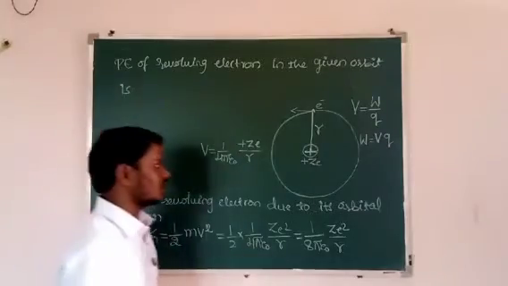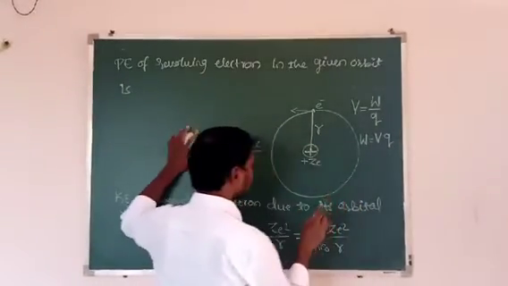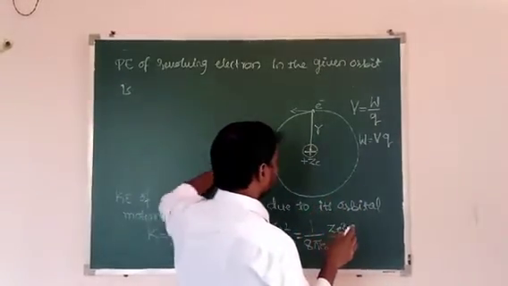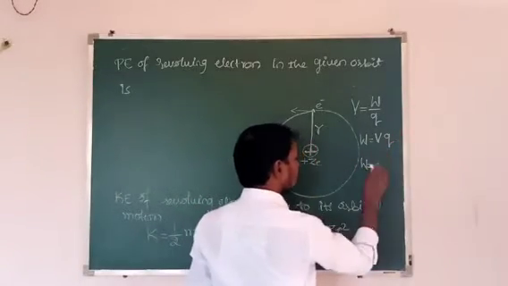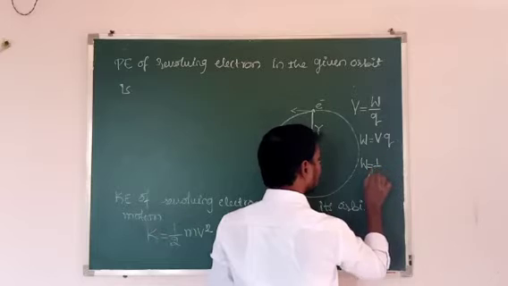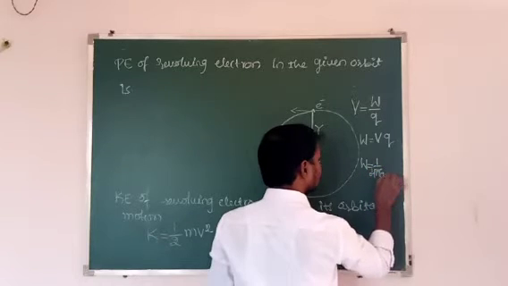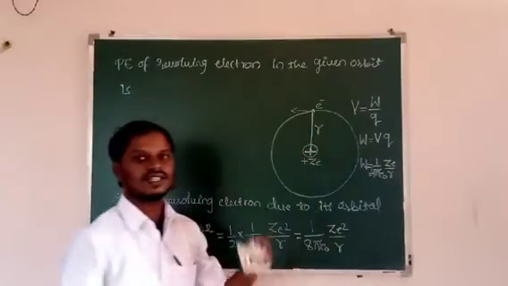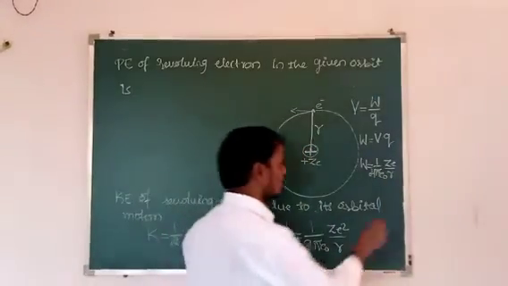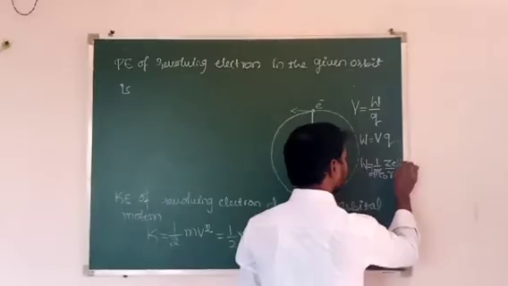Then we will write this work done is equal to 1 by 4 pi epsilon naught into Ze divided by r into the charge on the electron, that is minus e.